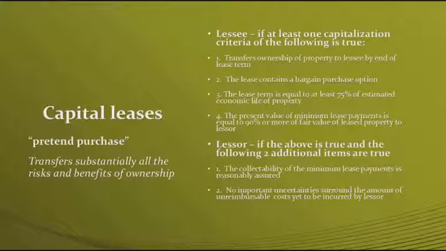If any one of the 4 is true, then it is a capital lease for the lessee. And if you look at them, you can kind of see the gist of it. For example, one just says it transfers ownership at the end. You become an owner when the lease expires. Bargain purchase option: the lessee can purchase it at a very low price, below fair market value, at the end of life.